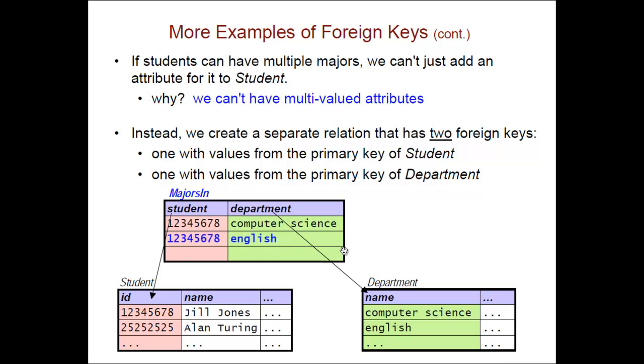And this way she can have as many majors as we want by just adding additional rows to this special relationship table, majors in. And if a student only has one major, they'll have one row in that table. If they have 3 majors, they'll have 3 rows in that table. And this gets around the problem of not being able to have multi-valued attributes.